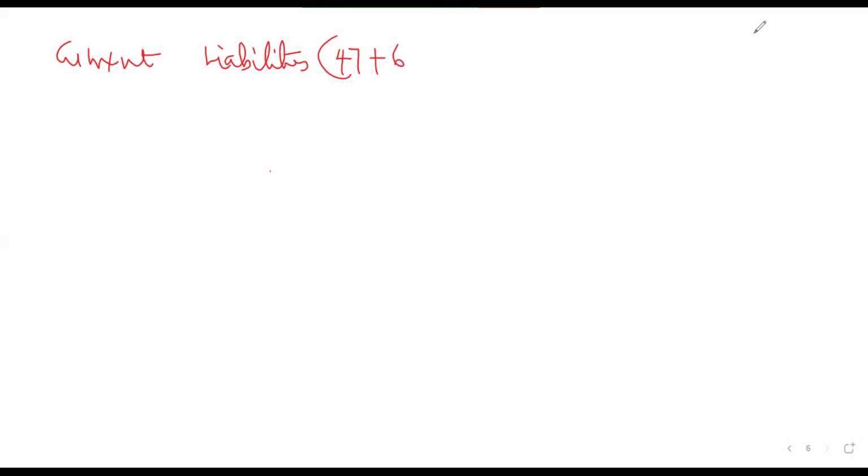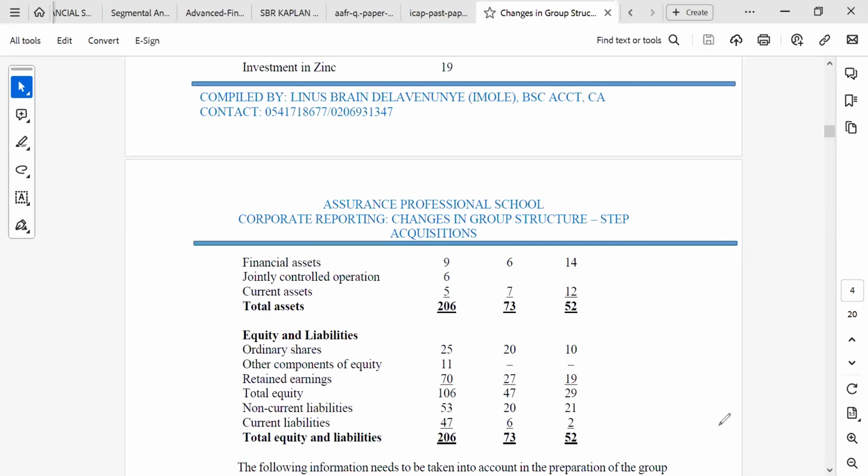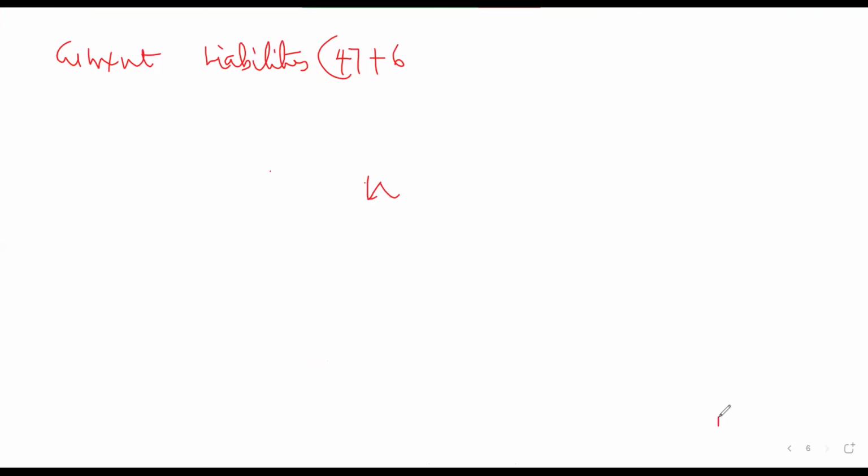With this one, we can now move on to the additional information. The additional information, you don't even have to do anything. You can move on to your workings here now. Then your workings, you do your group structure, which we all know how to do.